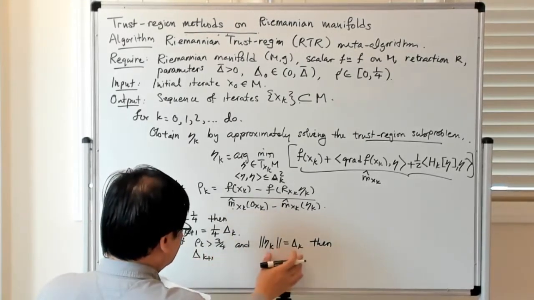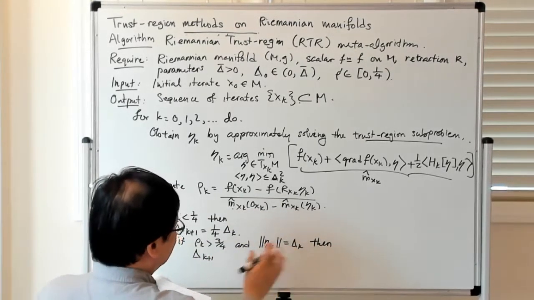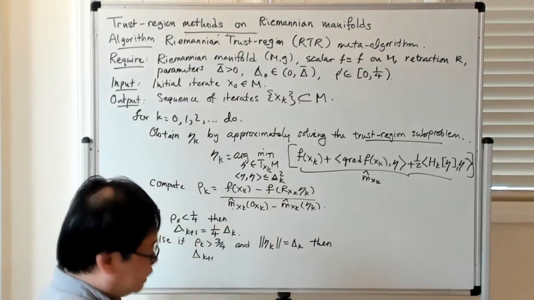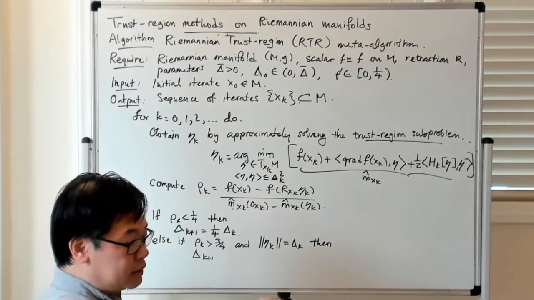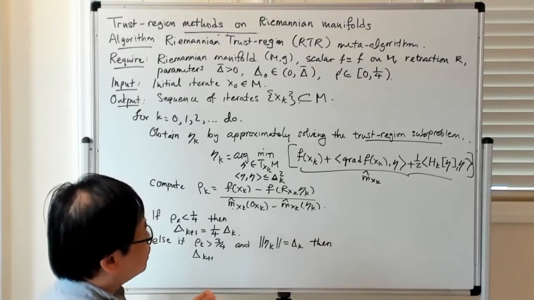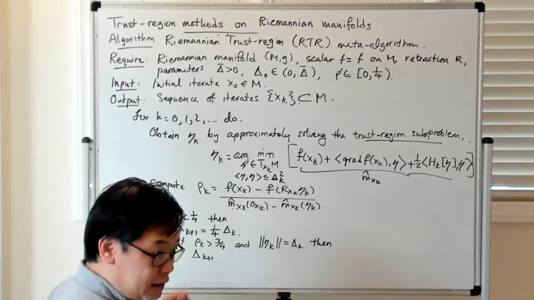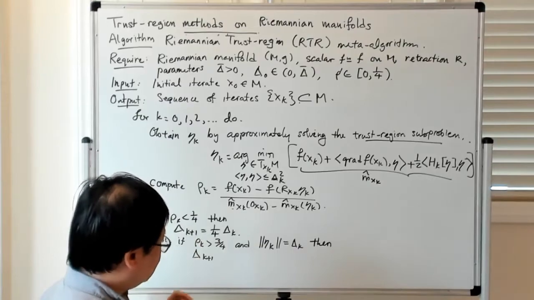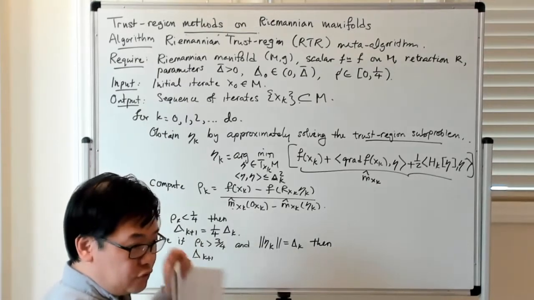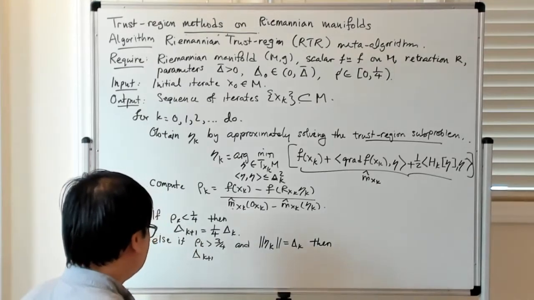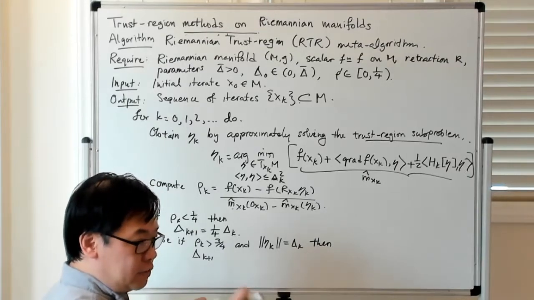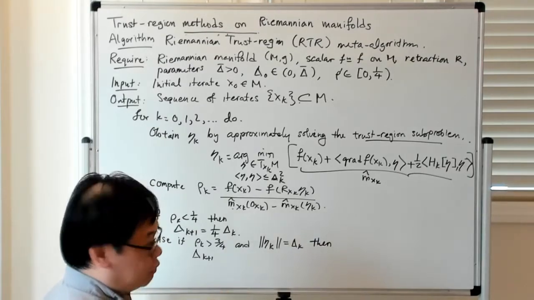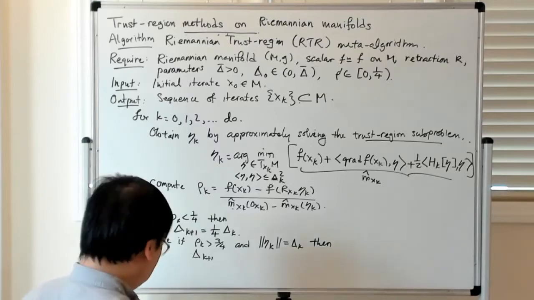So this condition is basically saying that the method might have taken a larger step, but the minimum of the trust region subproblem is outside the trust region. So in that situation, it makes sense for you to expand the trust region radius. If the minimum was already within the trust region, then there's no real benefit in increasing its size.